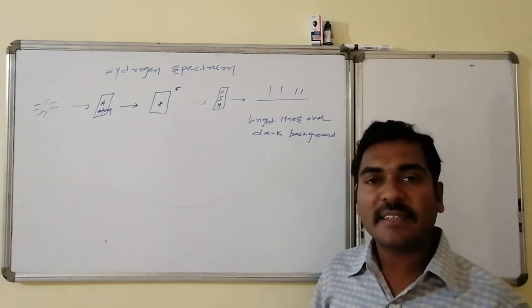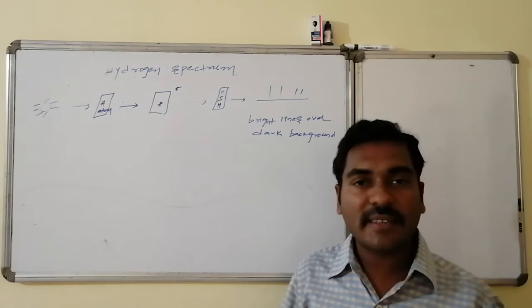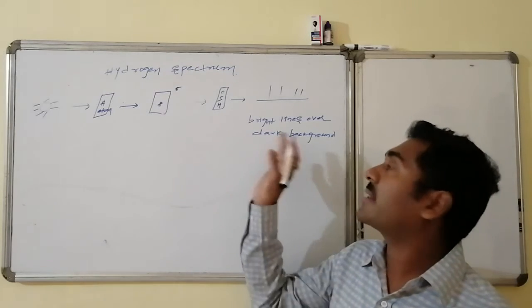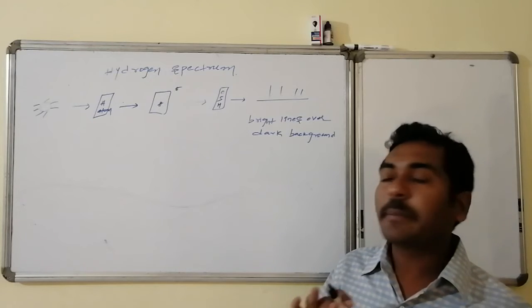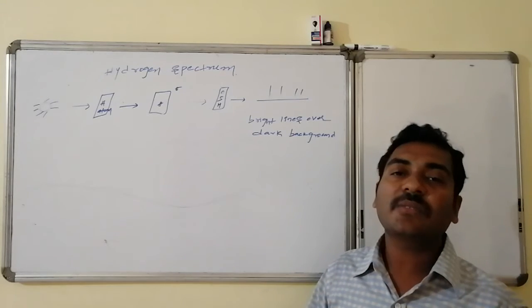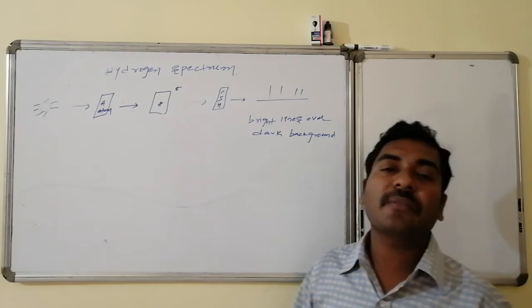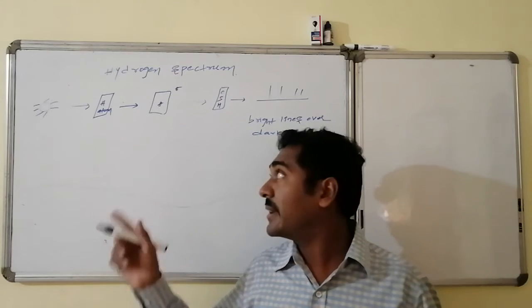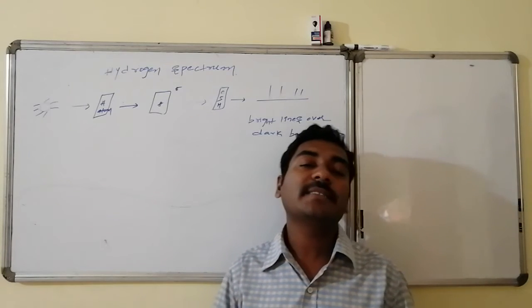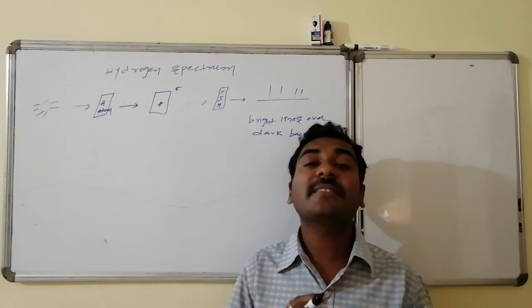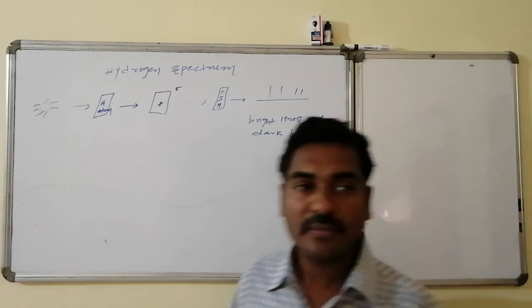As a result, it senses the waves coming out of the excited hydrogen atom, and those are recorded in the form of spectrum. It appears in the form of bright lines over the dark background. This is an example for the emission spectrum, and here atom is present, and it is line spectrum, line of emission category due to atoms.